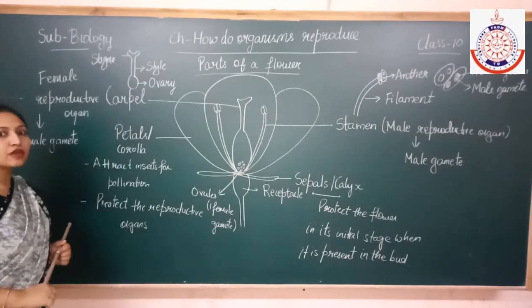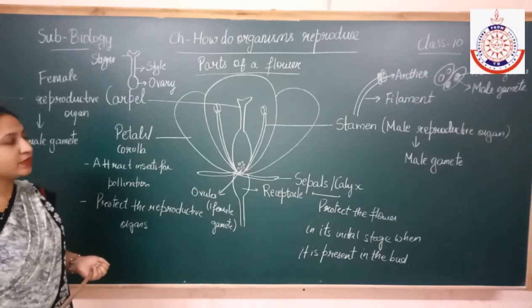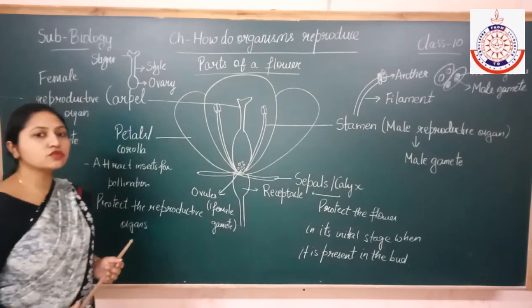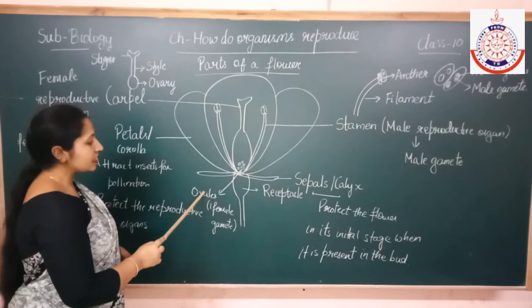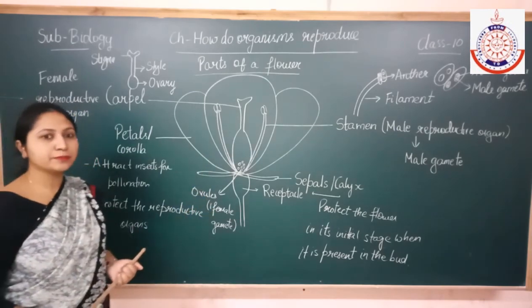That we will discuss when we do sexual reproduction in flowering plants. The swollen portion known as the ovary contains many ovules, and each ovule consists of one female gamete.